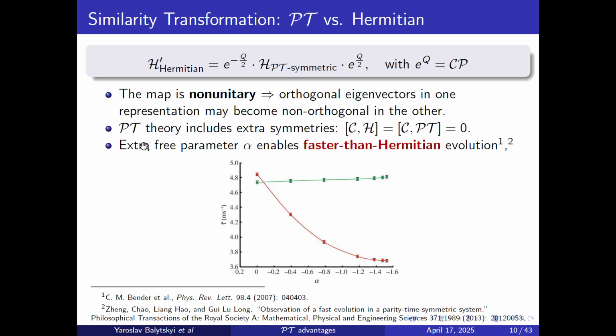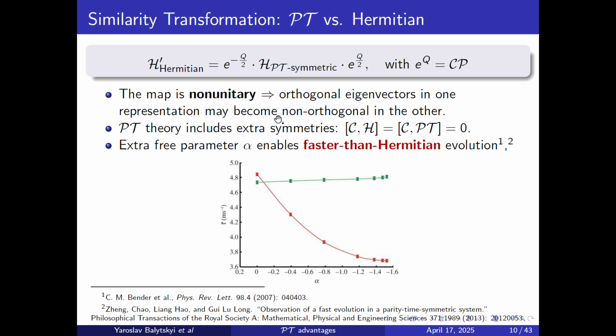And for the case of a qubit, it gives an extra parameter that enables faster than Hermitian quantum evolution, which was theoretically predicted in this paper and experimentally observed in this paper. This is the graph from this paper, and you can see that the evolution time in the PT-symmetric system is shorter than in the Hermitian one.